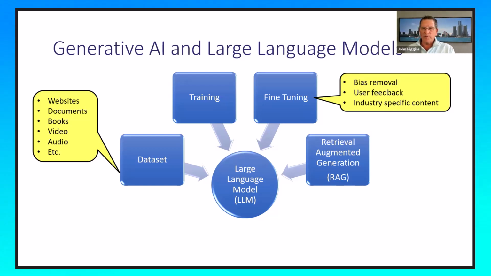Well, RAG is when you, as part of your prompt, bring in additional information. So we talked in a previous segment about whether I can upload a client tax return and have generative AI analyze it. And the answer is yes. Now, there's ways to do that to make sure you ensure the privacy of the client data.